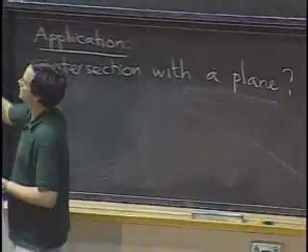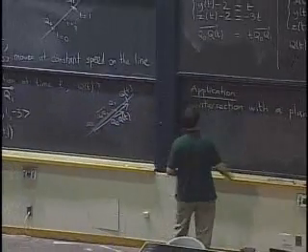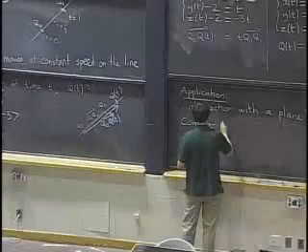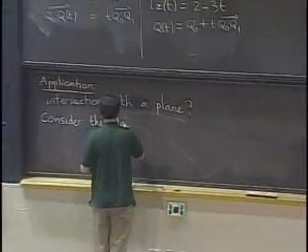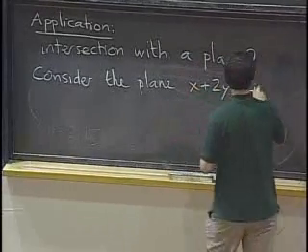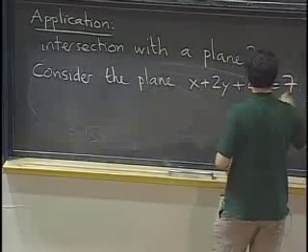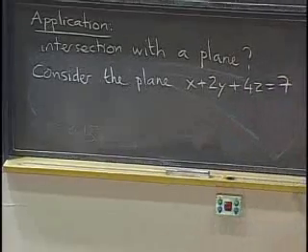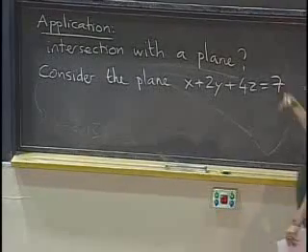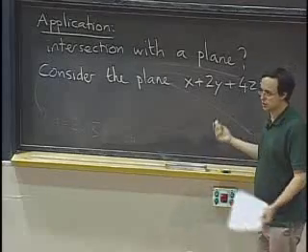So let's say that we take still the same line up there, and let's consider the plane with equation x plus 2y plus 4z equals 7. Okay, so I'm giving you this plane. And the questions that we're going to ask ourselves are, well, does the line intersect the plane, and where does it intersect the plane?